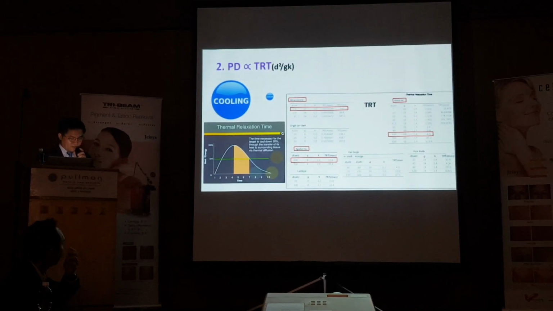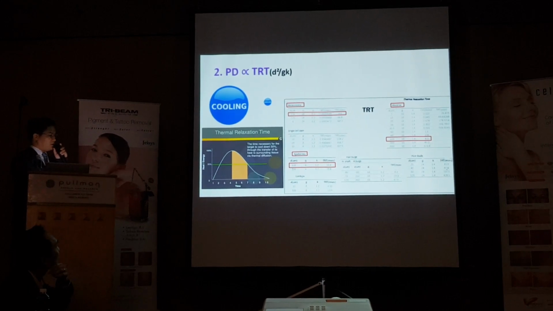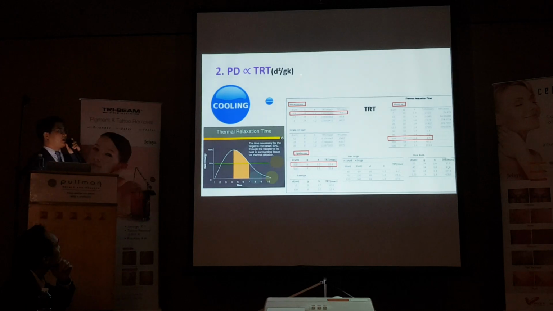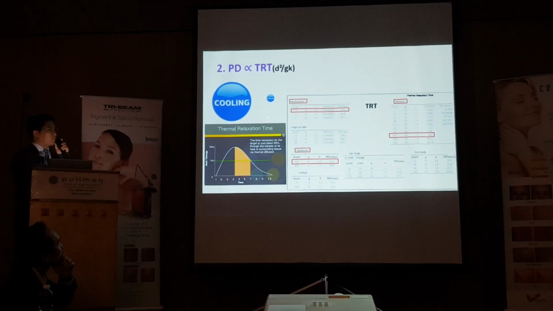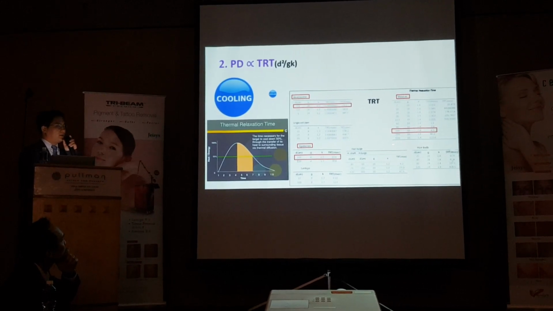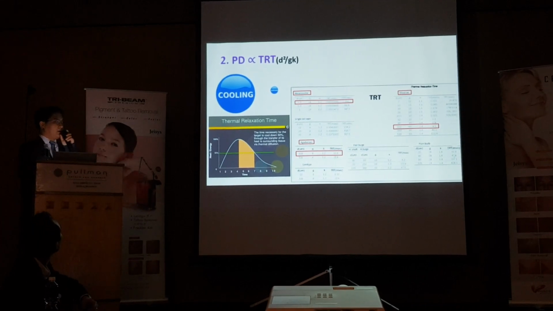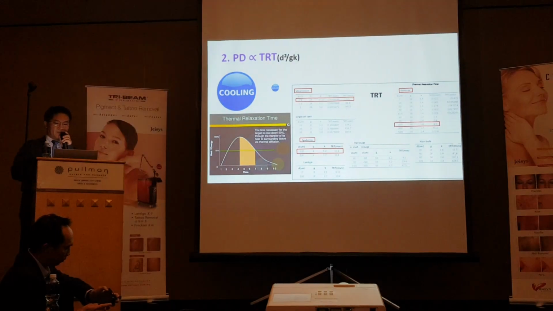And the TRT of large material is longer than the TRT of small material. For blood vessels with a diameter of 100 micrometers, the TRT is 4.5 milliseconds.